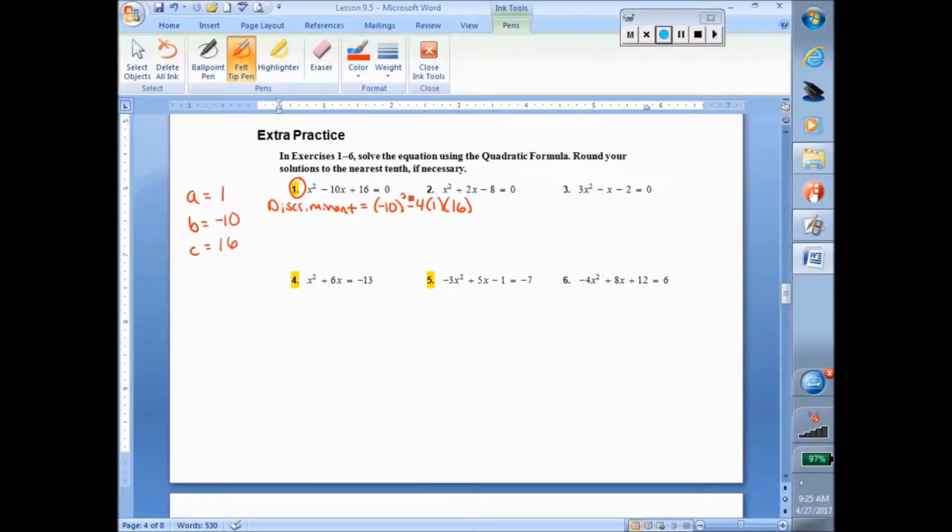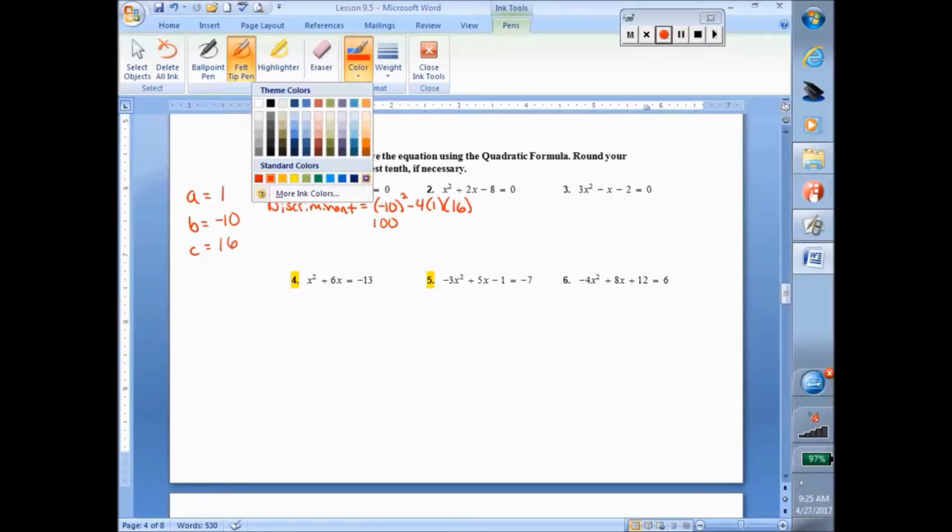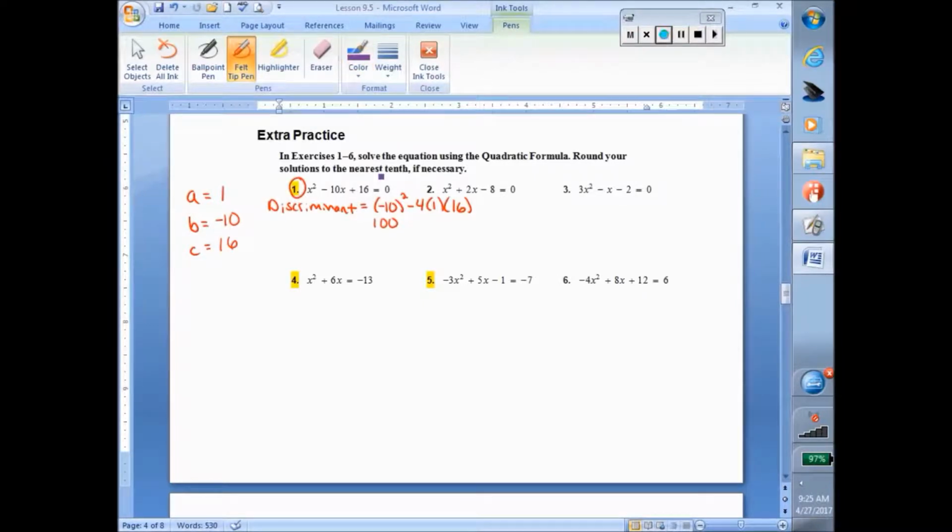When I square a negative, the result is positive. So I end up with a positive 100. And one small thing that I always see helps students make fewer mistakes: instead of doing minus 4, I tell them to change it to plus and negative 4. So now they see it's negative 4 times 1 times 16, which comes out to be negative 64. So our discriminant is going to equal 36.